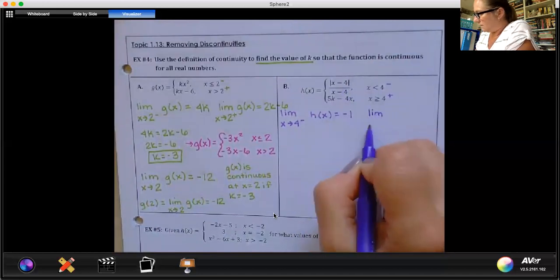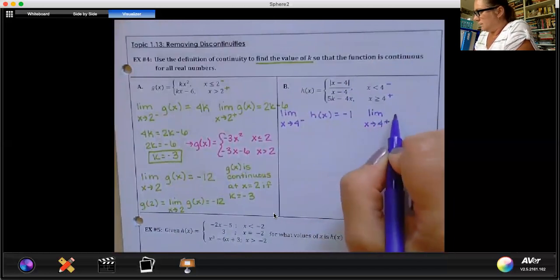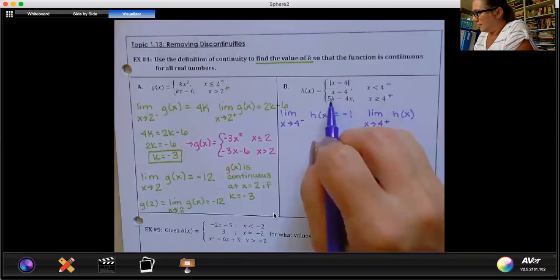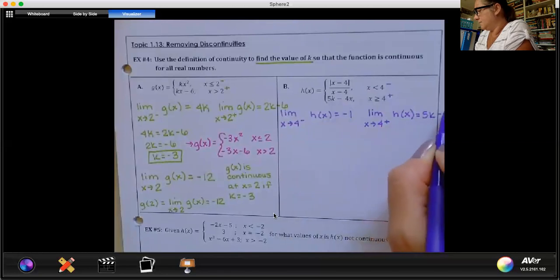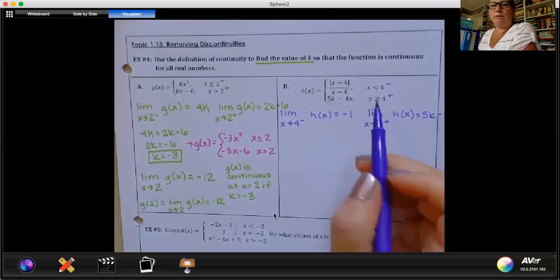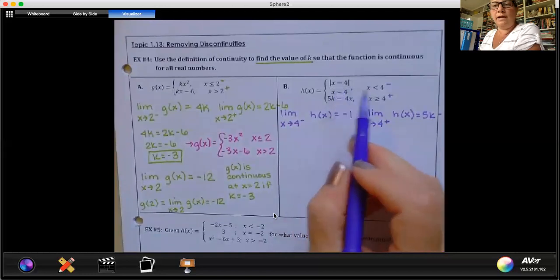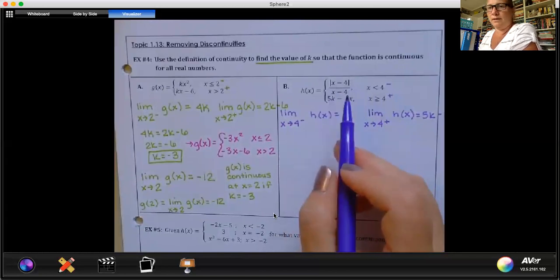And the limit as x approaches 4 from the right of h of x, plugging in that 4 for x, gives us 5k minus 16. Remember, with absolute value, this would equal 1, but if it's a negative direction, it's going to be a negative 1. If it's a positive direction, it's going to be a positive 1.